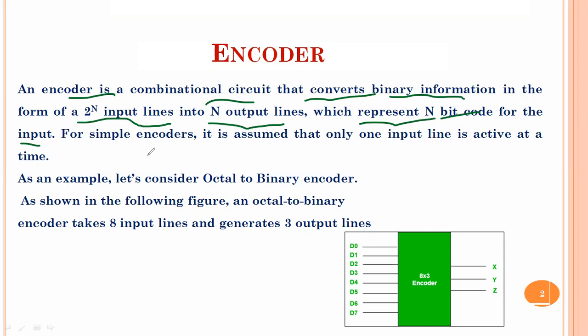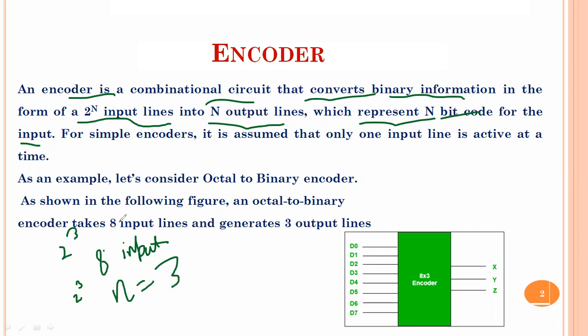For example, if we have 2 raised to power 3, meaning 8 input lines, then when 8 is converted to 2 raised to power n form, here 3, that means n is equal to 3.